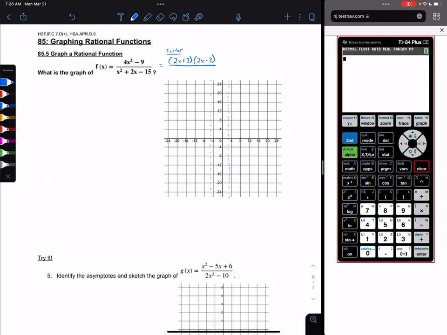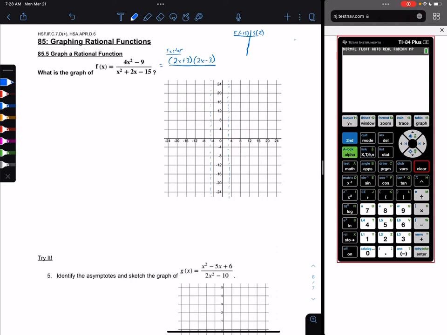Now the denominator, we're going to need to use the factor sum chart. We need factors of negative 15 that have a sum of 2. Negative 15 tells me that one of my factors is going to be positive, one will be negative.